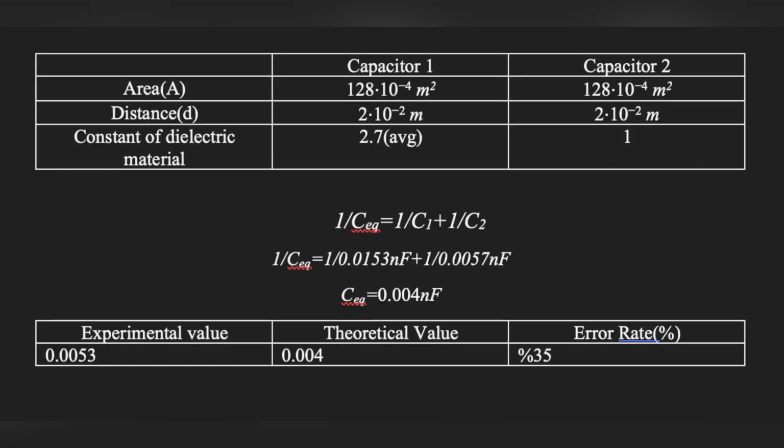We know that it behaves like two capacitors connected in series. We can see the area, distance, and dielectric constant of the two capacitors, and the formulas used for it.